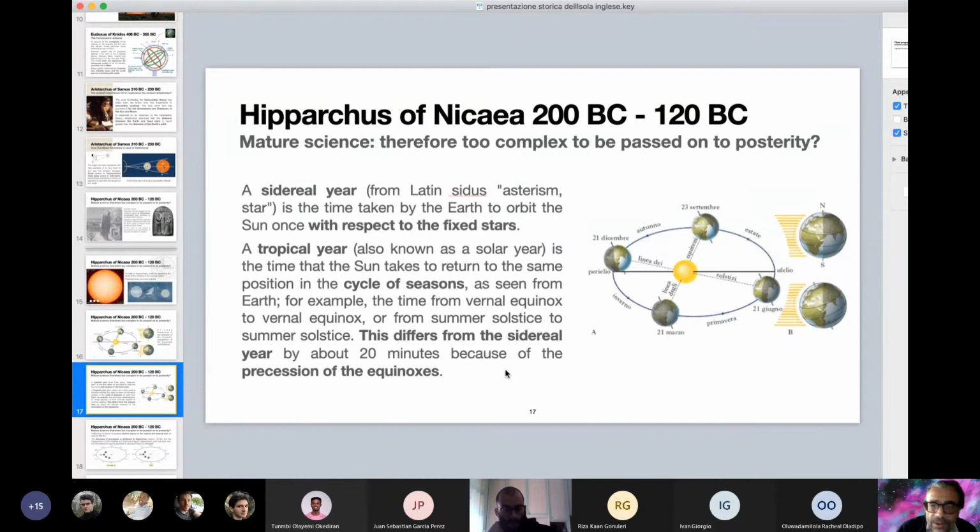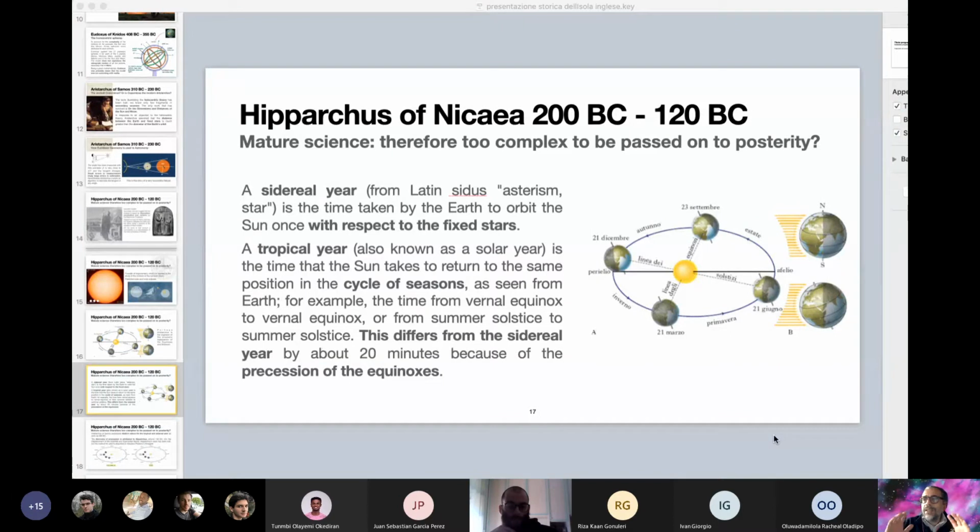This is an observation. Now, Hipparchus describes this difference. Look, they could measure a difference of 20 minutes in the duration of one year. So they had very sophisticated clocks. Actually, water clocks were invented by Hellenistic scientists.